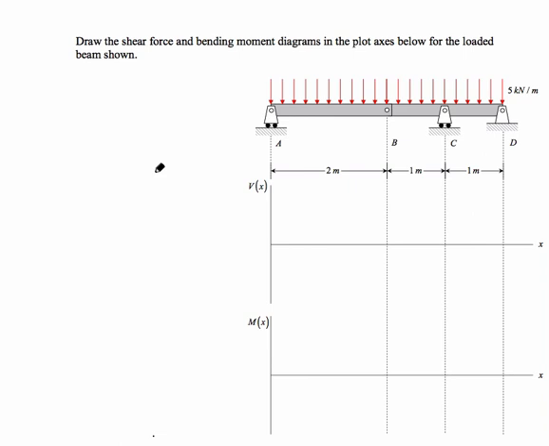If we look at the FBD of the entire beam, which stretches from A to D, the forces that we would have on here would be the resultant load, which would be 5 times 4 or 20 kilonewtons.